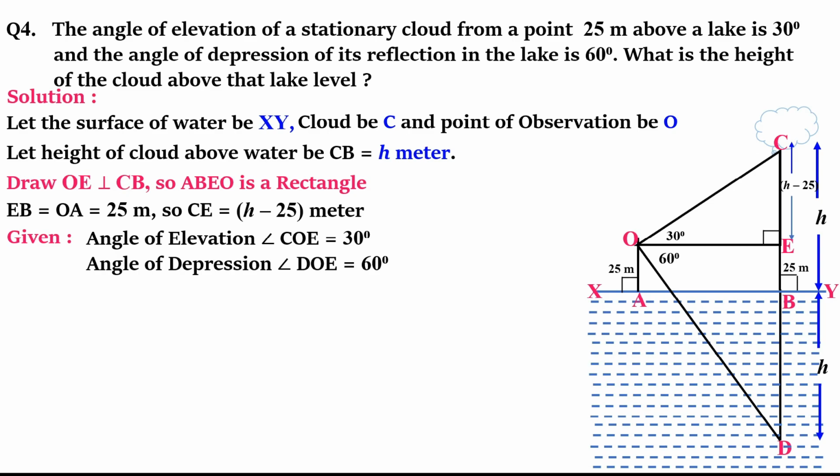DE is the perpendicular and it is a combination of h and 25. BD is the height of the reflection and BE is 25. We have assumed this originally when it was taken as a rectangle. So ED is equal to h plus 25.